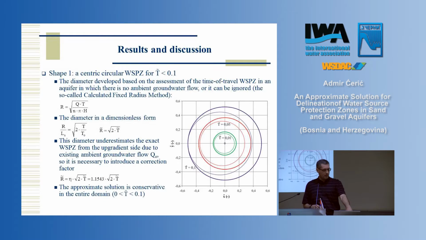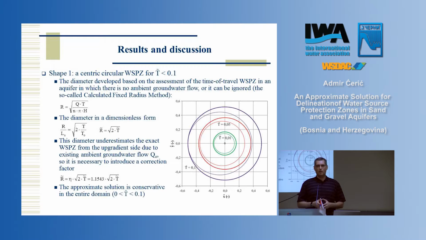So dividing this radius by this parameter Ls, we get the radius in the dimensionless form, again as a function of residence time only. But in this case, this equation is not conservative, the second one, because using the volumetric method, we ignore ambient groundwater flow.